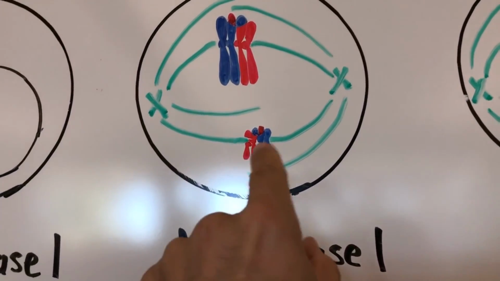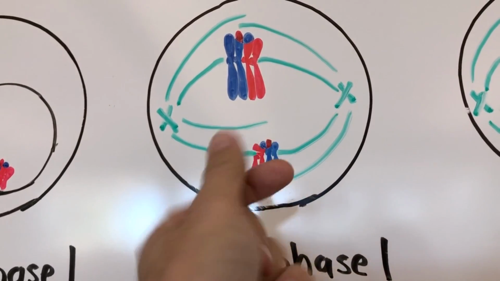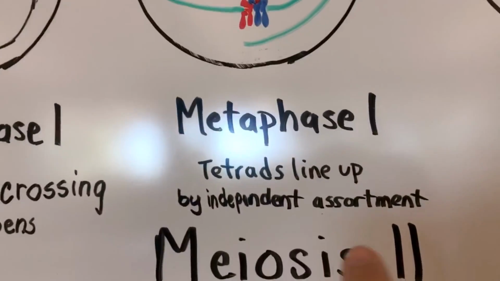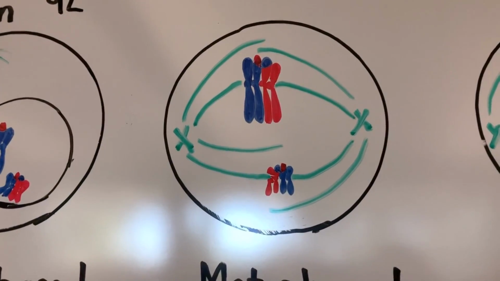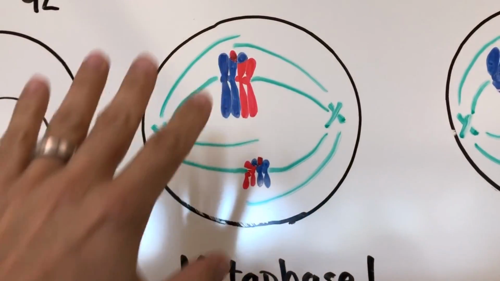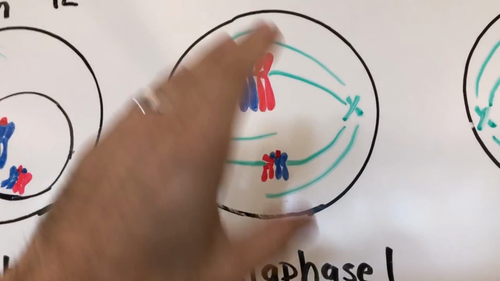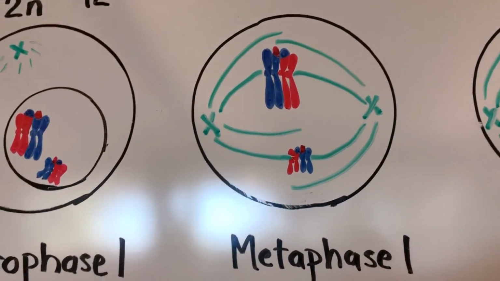And so could the second one. The blue ones are on the right, but it could have very well, 50-50 chance, lined up the other way. That's what independent assortment means, and that leads to a lot of genetic variability. That leads to over 8 million different ways that our tetrads could line up, because we have 23 of these tetrads during this phase, not just 2 like this simple picture here.